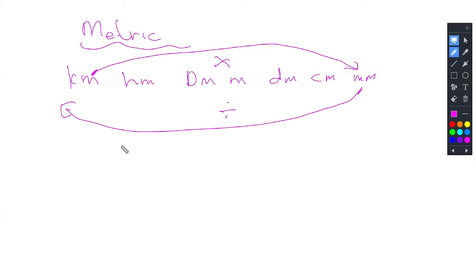Let's say they say to you, convert 350 centimeters to meters. The first thing that you are going to look at before answering any question is which one of the two measurements you are going to meet first from your left-hand side.